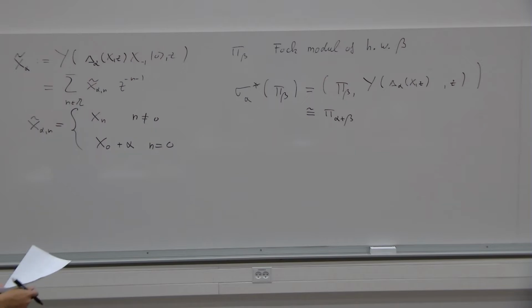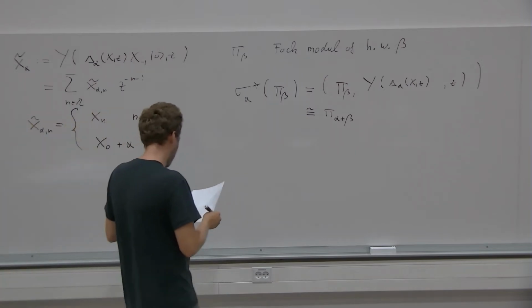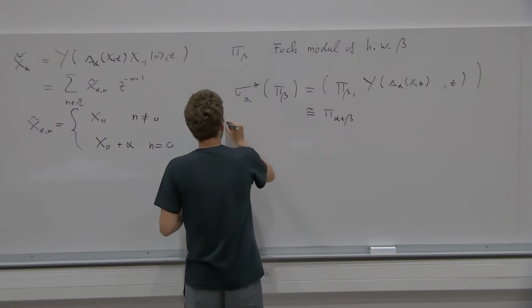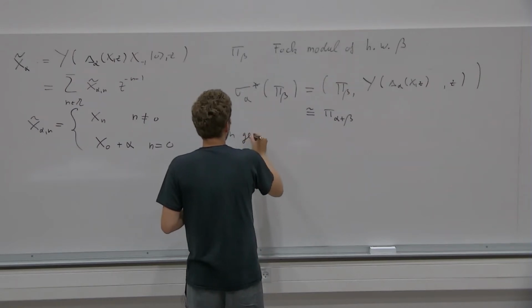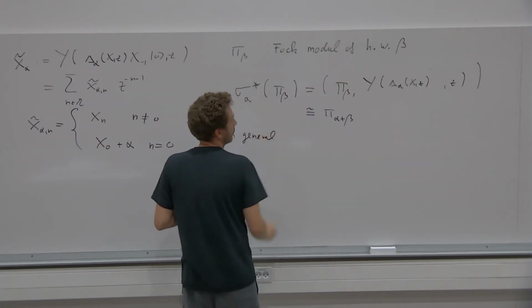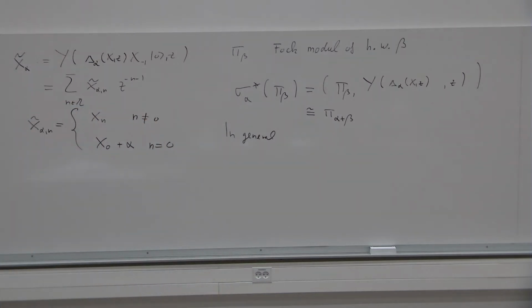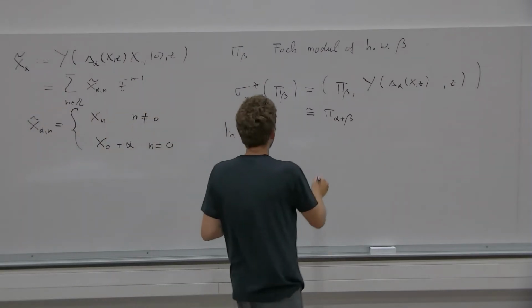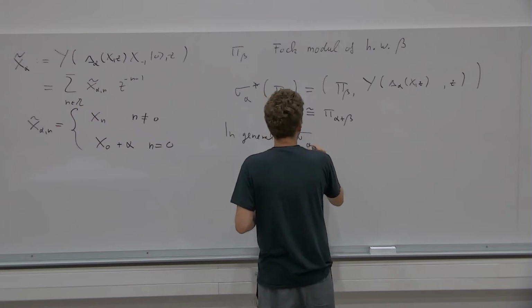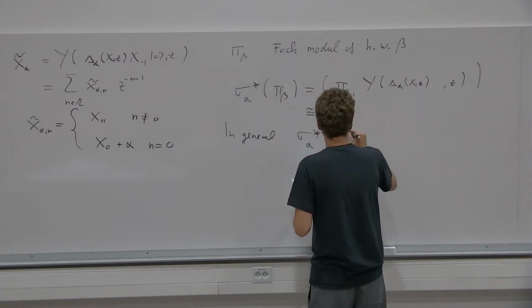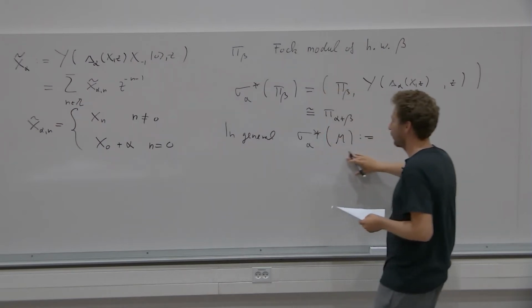Okay, let me now in general. So that means if we have that the Heisenberg algebra is just a subalgebra of V, then we can also look at the delta alpha twisted module, which I always like to use this notation for.